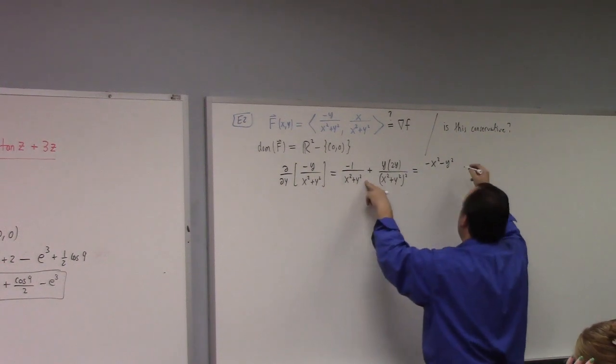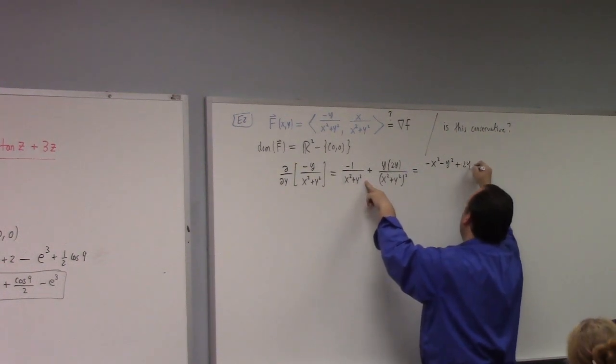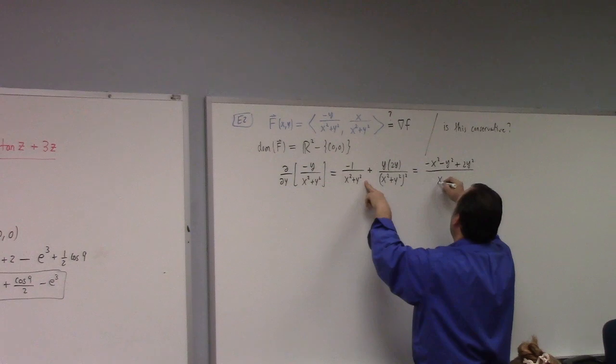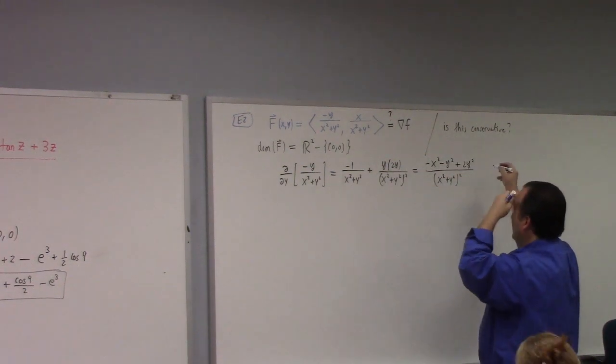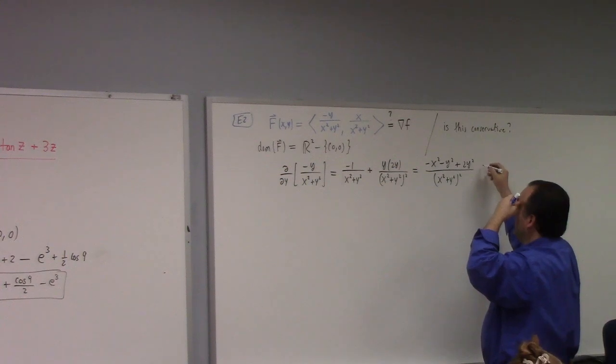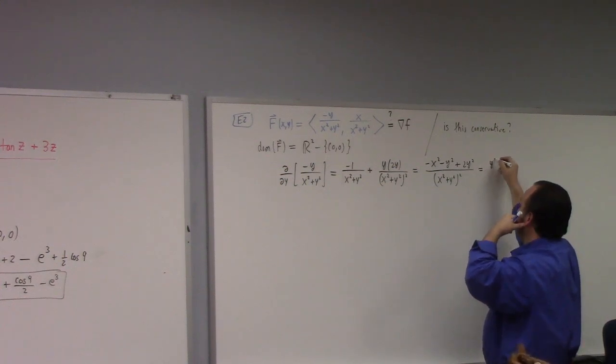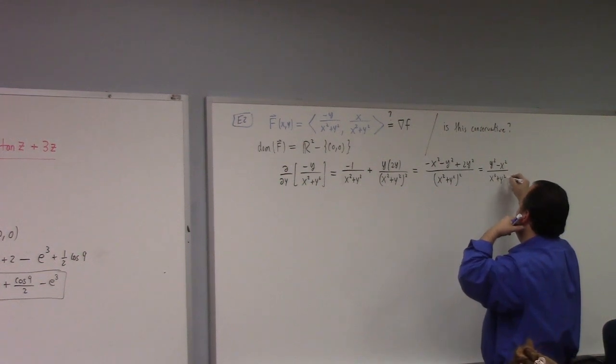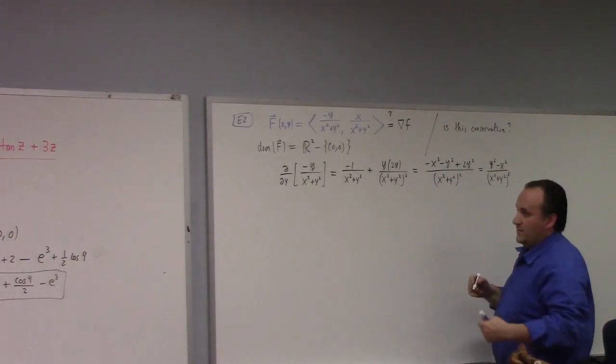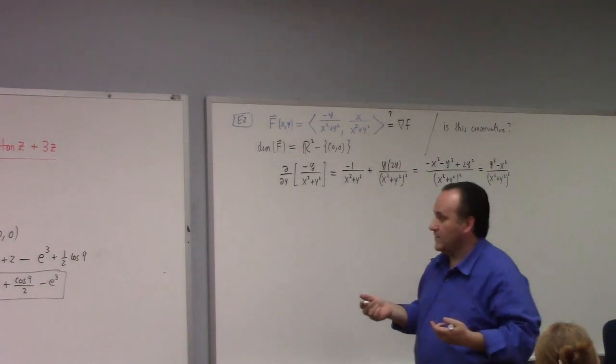Anyway, I'm pretty sure that's supposed to be plus. So plus 2y squared divided by x squared plus y squared, squared, which is what? Y squared minus x squared, right? Agree? I hope we agree.